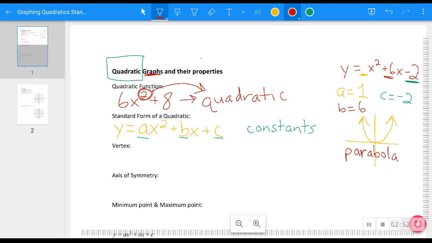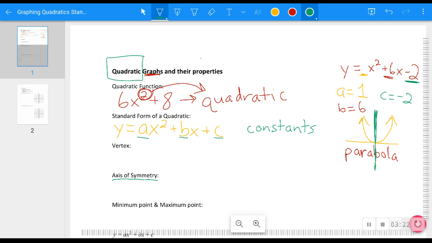And in parabolas, there will always be a line right down the middle where, if this was on a little piece of paper, like your guys' is, if you fold it in half on that line, the two sides are going to line up right on top of each other. They're going to be identical halves. So that's called symmetry on that line. So that line right there is going to be your axis of symmetry.